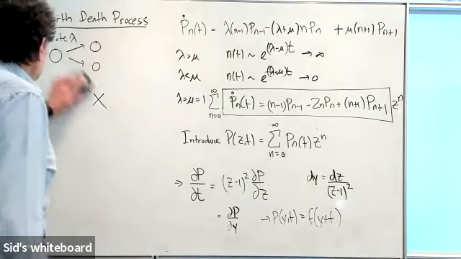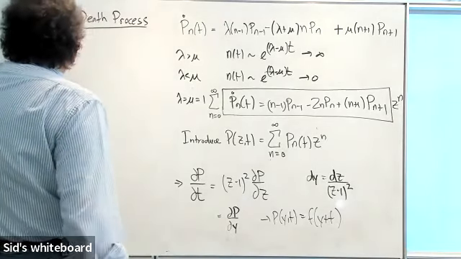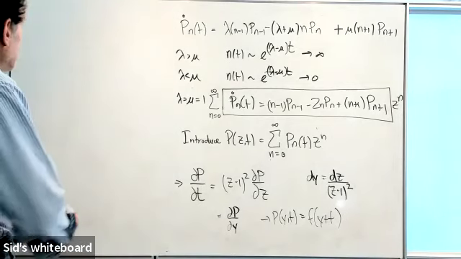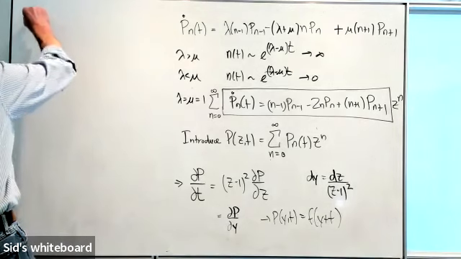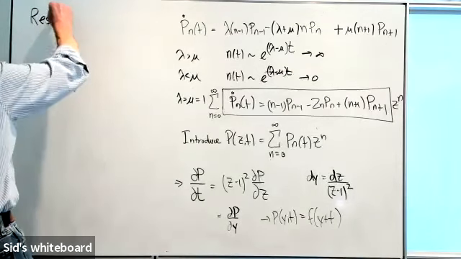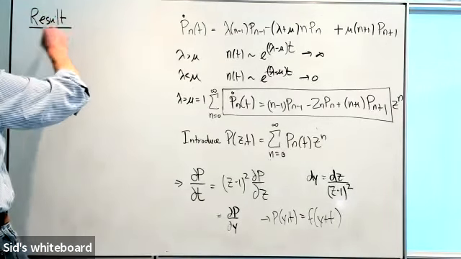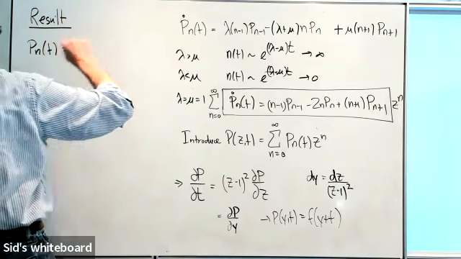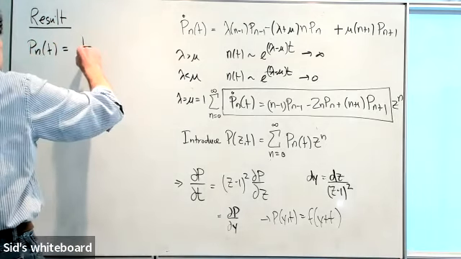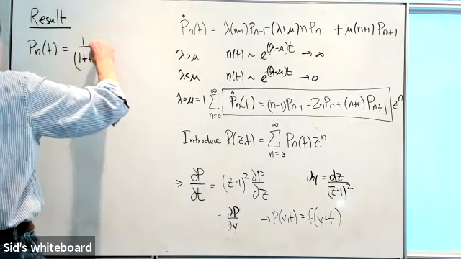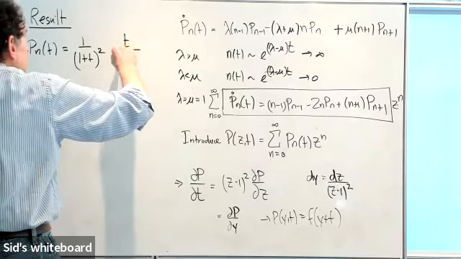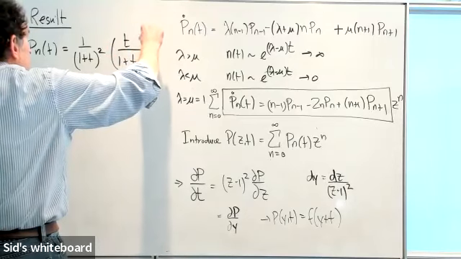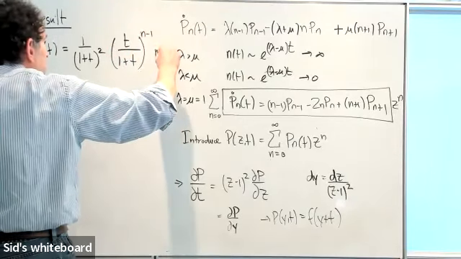But let me just tell you that if you do all of that stuff, it's actually kind of a pleasant calculation. At the end of the day, this is what the answer is. So here is the result. Pn of t is equal to 1 over 1 plus t squared, t divided by 1 plus t to the power n minus 1, for n bigger than 0.